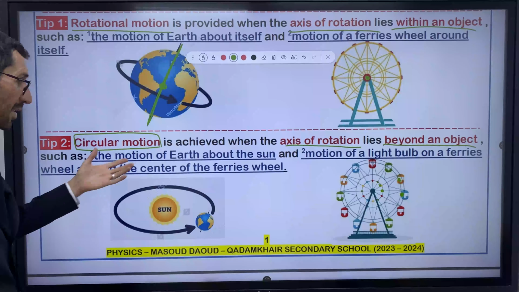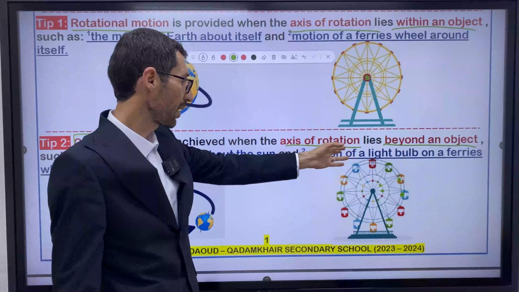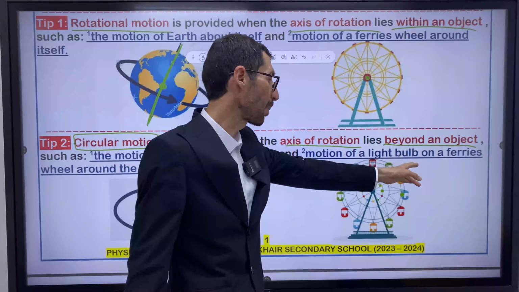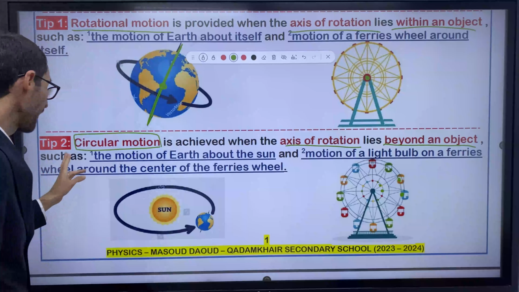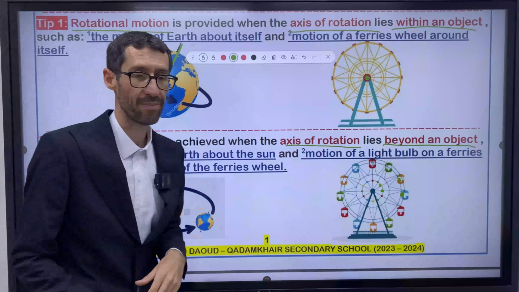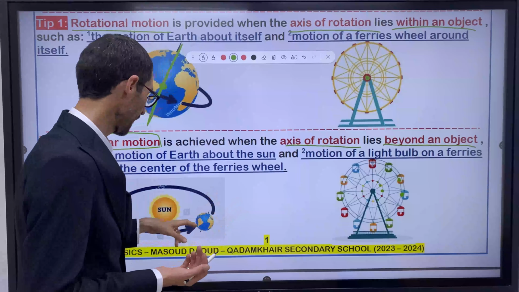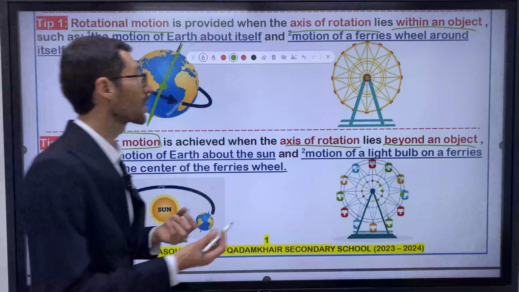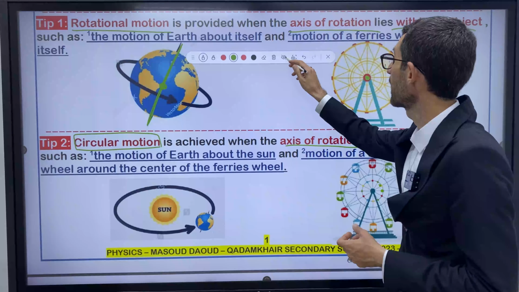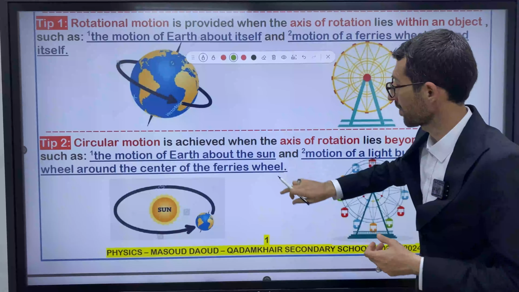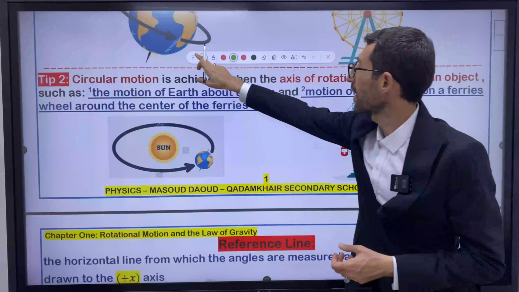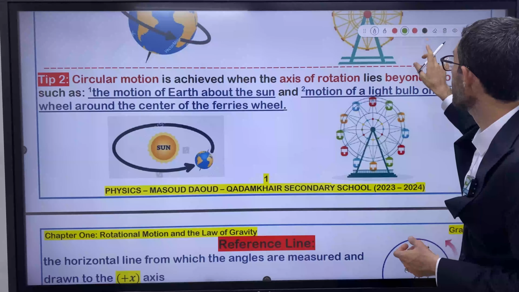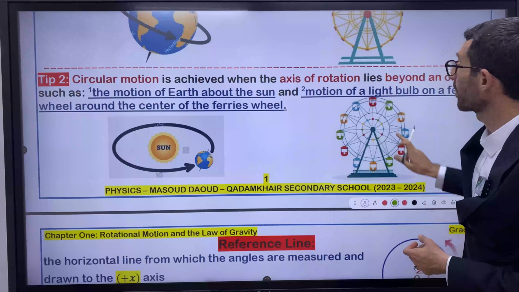Another example, I read it for you. It says motion of a light bulb on a Ferris wheel around the center of the Ferris wheel. So this is called circular motion. So circular motion, I can say, differs from rotational motion only by one thing, right?